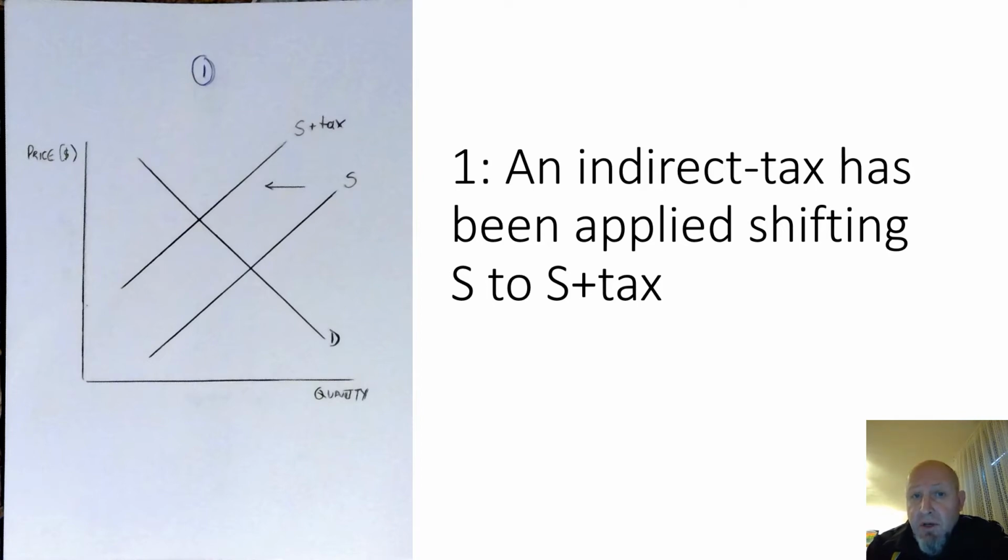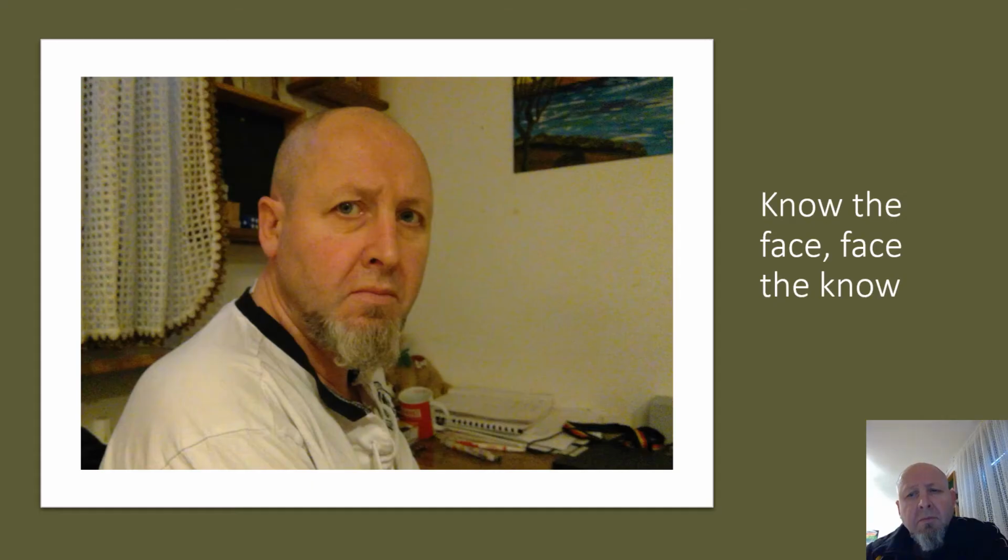So, summed up, diagram number 1, an indirect tax has been applied, shifting S to S+tax. So simple, so elegant. How could it go wrong? Where could it go wrong? How can we simplify further?